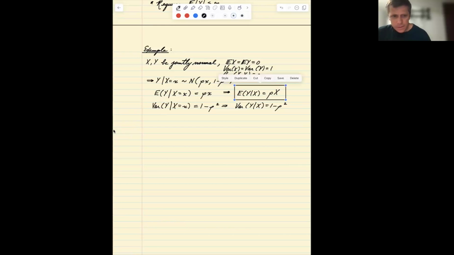The expectation of y given X, which equals rho X, has, marginally speaking, a normal distribution with mean 0 and variance rho squared.